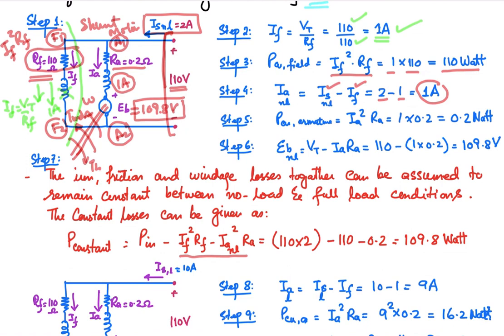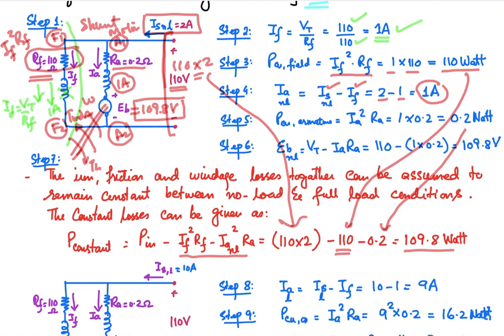So your input power is 110 volt multiplied by 2 amperes. Then 110 watt is the loss in the field circuit, and 0.2 watt is the loss in the armature. So 109.8 watt is the power being lost because you are not connecting any load at the moment.